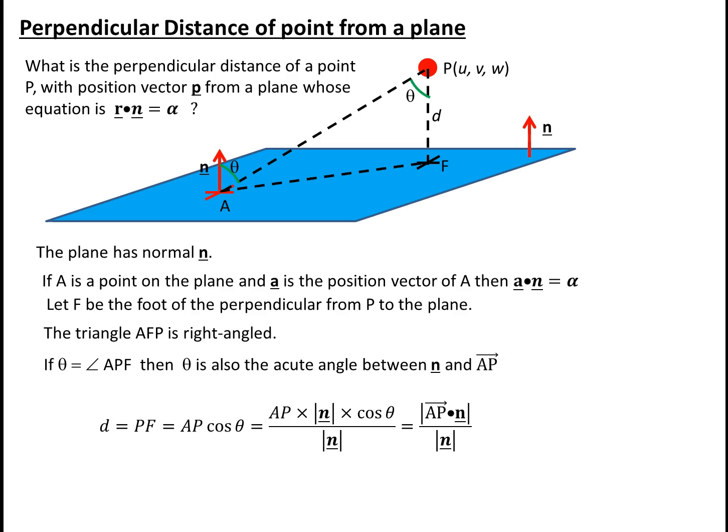So PF is the modulus of the scalar product of AP with n, divided by the length of n.